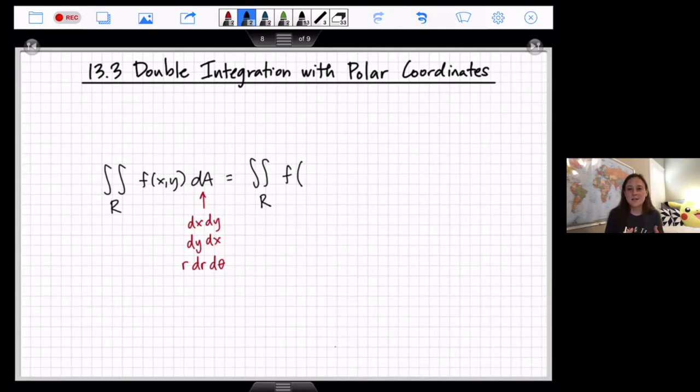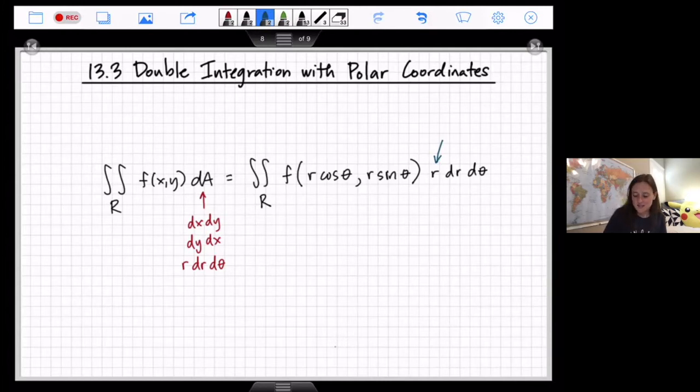We know that x is equal to r cosine theta, and y is r sine theta. And all that's telling us to do is convert the function over to r's and thetas instead of x's and y's. And then at the end, that dA for polar coordinates is going to be r dr d theta. Just remember that that r has to be there in order for this whole thing to work. We just got to remember to put it there at the end of our integral.